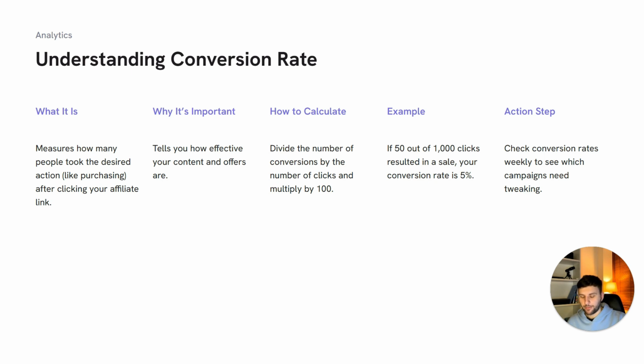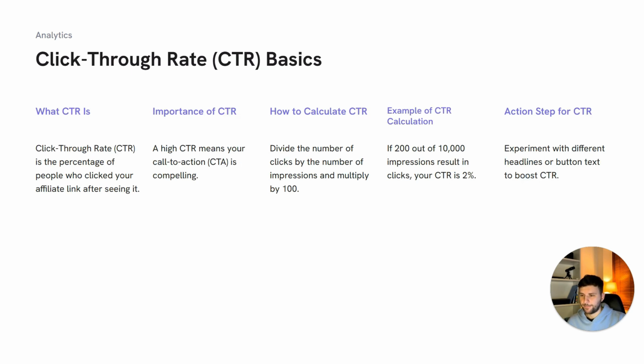For conversion rate, anywhere between 3 to 10% is great, depending on the industry. So if I were you, I would just use ChatGPT, tell it the industry that your affiliate marketing program is in, and ask it what a good conversion rate is.